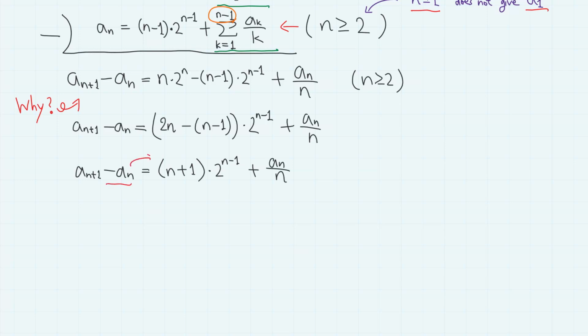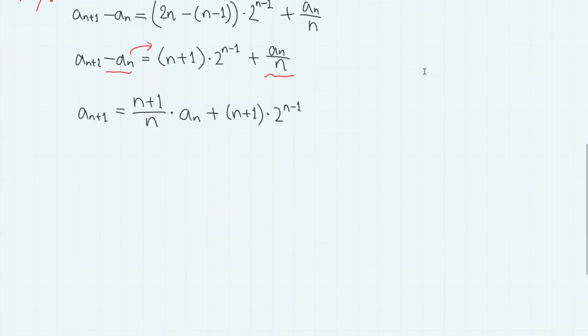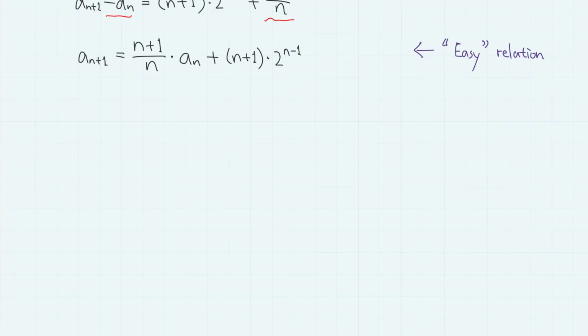Moving this term to the right hand side and combining, we have a(n+1) is equal to (n plus 1) over n times an plus (n plus 1) times 2 to the power of n minus 1. And this is the easy recurrence relation.